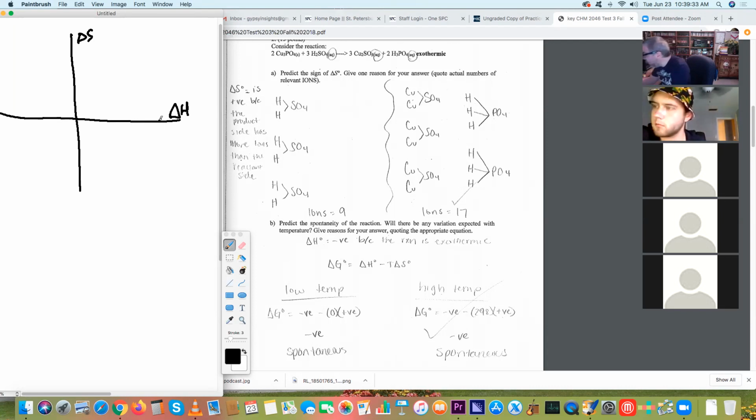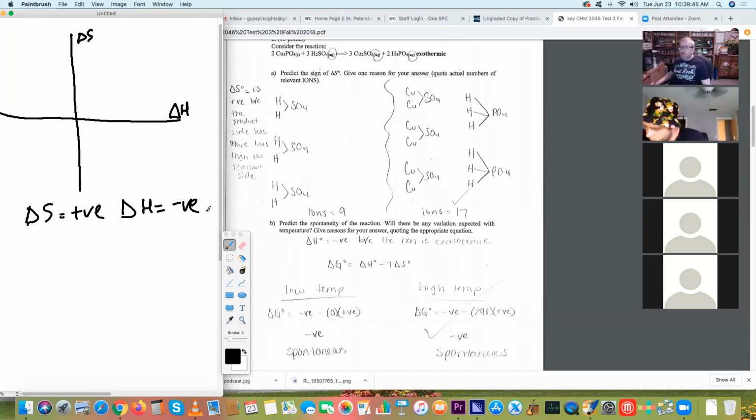The situation we have here is that delta S is positive and delta H is negative. I know delta S is positive because there's more disorder on the product side than the reactant side. And I know delta H is negative because it says the word exothermic next to the reaction. Is everybody clear on that?